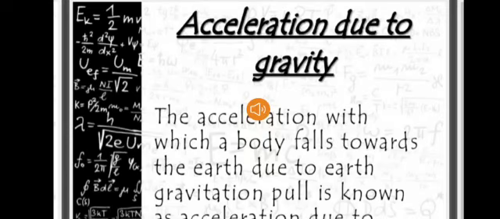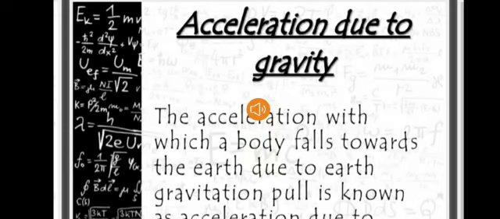Small g, that is acceleration due to gravity, is equal to the universal gravitational constant G, capital M the mass of the Earth, R square the radius of the Earth. So the value of g on the surface of Earth is small g equal to capital G capital M by R square. M is the mass of the Earth, R is the radius of the Earth.